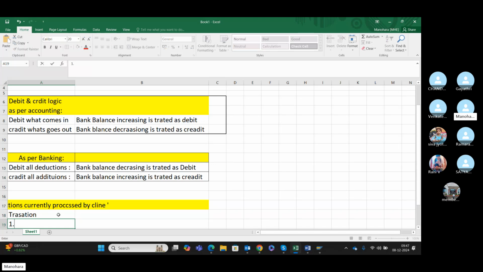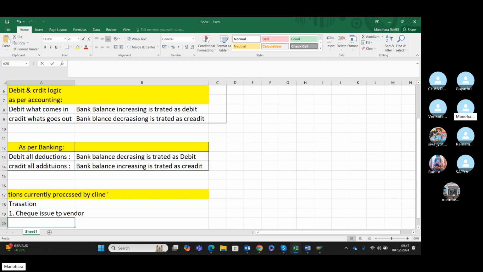First point: cheque, CHQ, cheque issued to vendor. Second point: how they are doing transactions, and a cheque received, CHQ, received from customers.